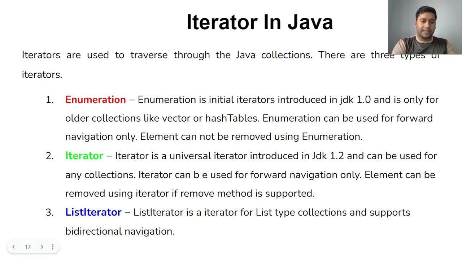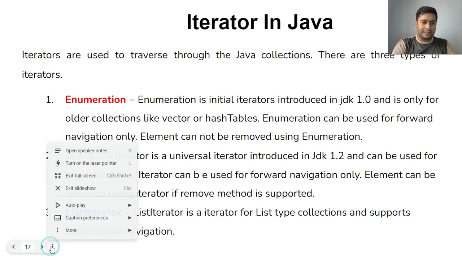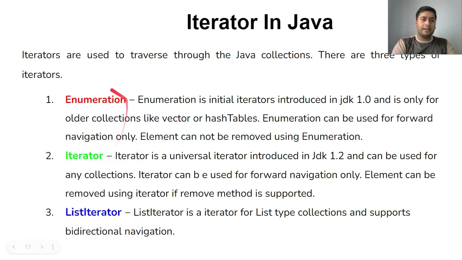So here, we have clearly mentioned that iterators are used to traverse. I have already explained how to traverse a loop. How a loop works, the same way we can understand how to traverse a collection through Java collections.